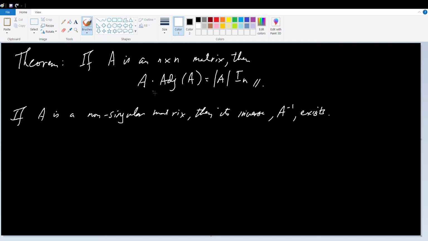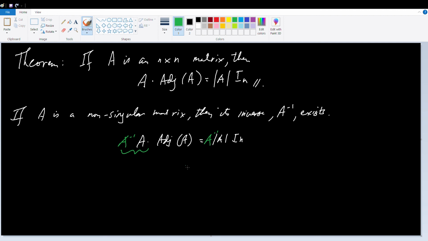So if we are going to multiply both sides by A inverse, what do we get? If A times the adjunct of A equals the determinant of A times In is pre-multiplied by A inverse, what do we get?